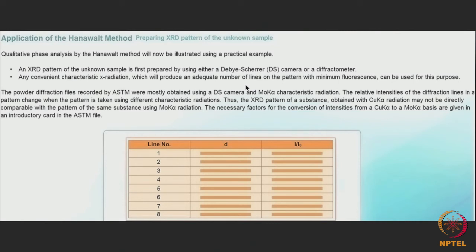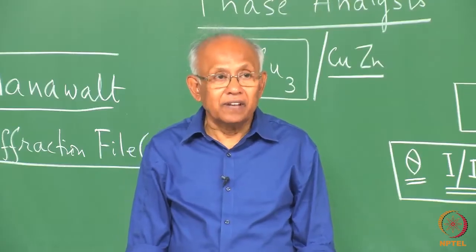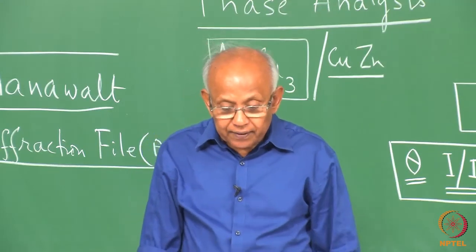The relative intensities of the diffraction lines in a pattern may change when the pattern is taken using different characteristic radiations. So, this is a very important fact to know.